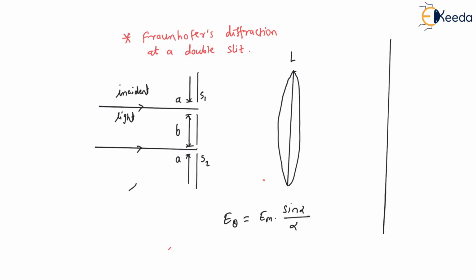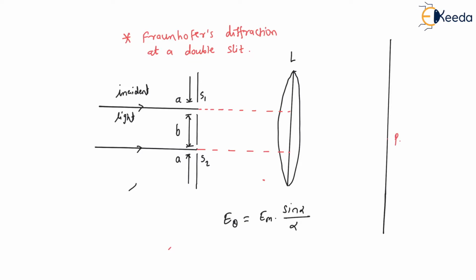For central maxima, as we all know, theta will be equal to 0. So I'll draw these dotted lines to locate the central maxima. They will have 0 phase or path difference.